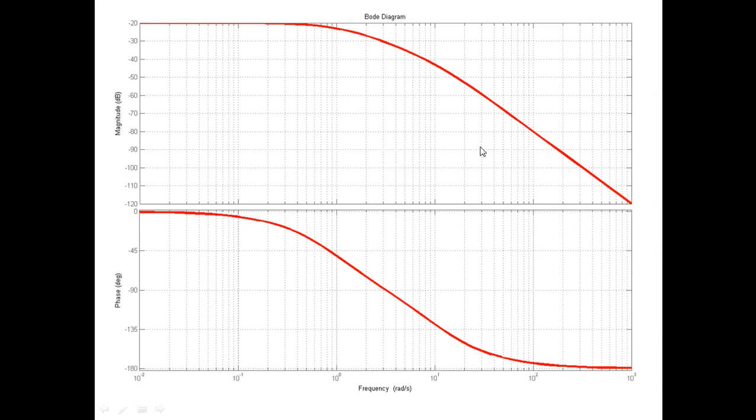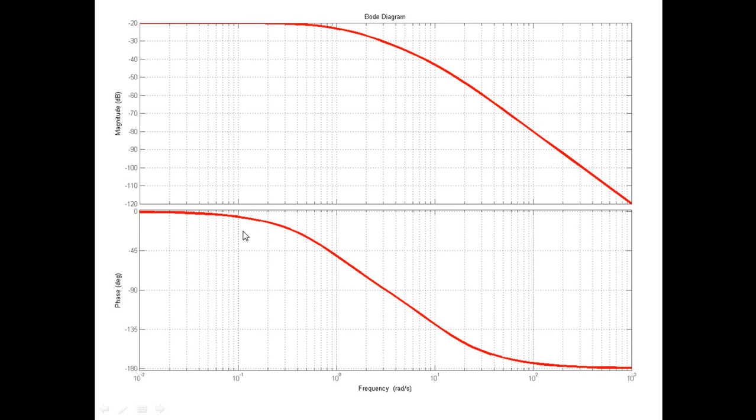Here is the actual Bode plot of the transfer function. As you see here, for the magnitude, before omega c equal to 1, I have the amplitude of minus 20, and after that, I have almost a straight line with the slope of minus 20, and after 10 I have the straight line with the slope of minus 40.